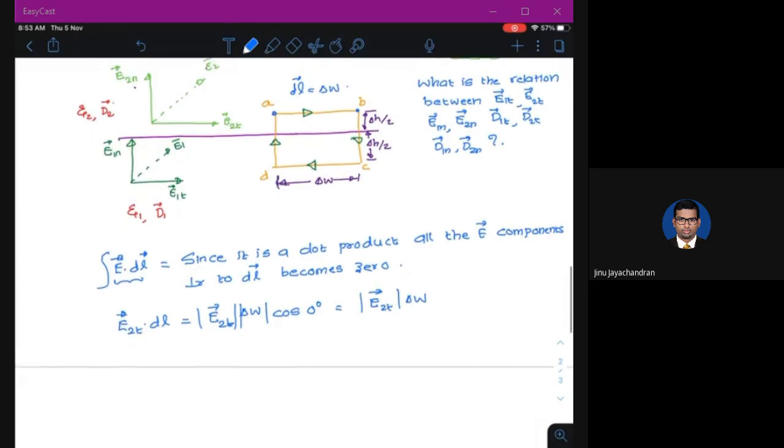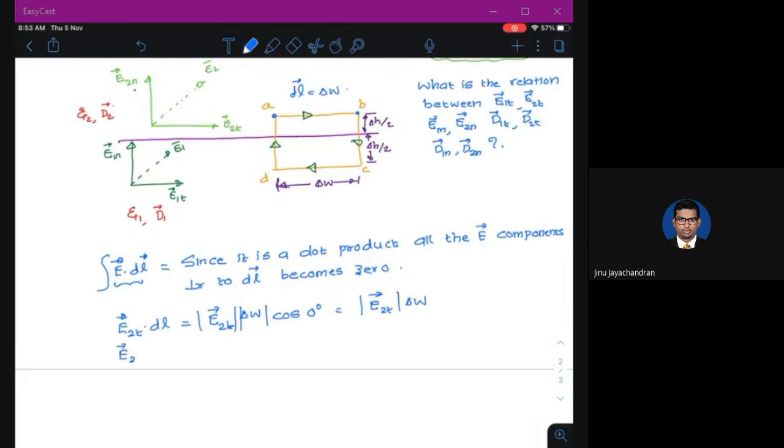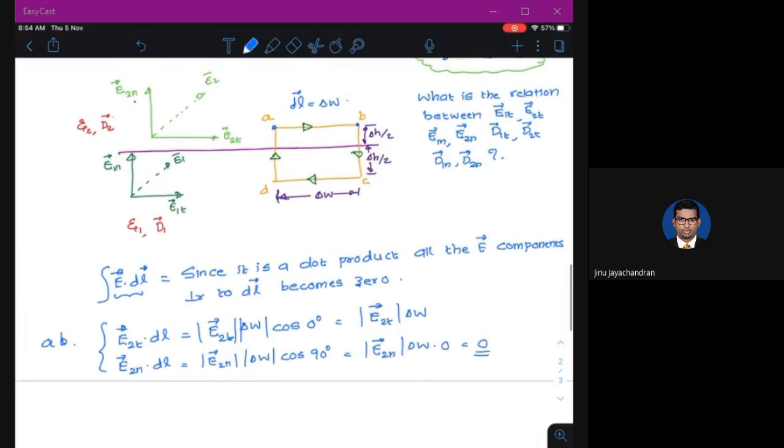Now, if you do E2n dot dl for the side A to B, it is magnitude of E2n, delta w, cos 90 degrees, that is 0. So the perpendicular components will vanish.